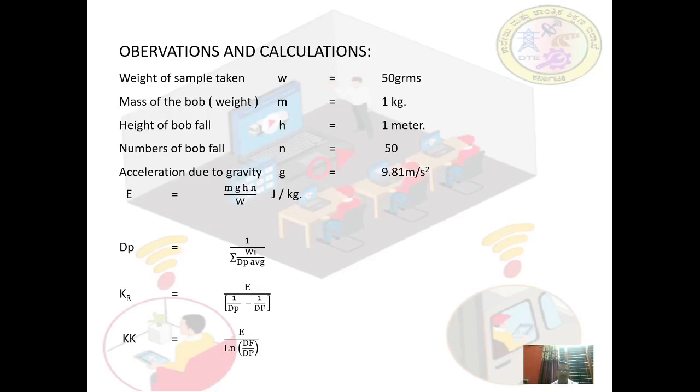Acceleration due to gravity is 9.81 meter per second square. And we can calculate the energy of crushing, E is equal to m g H N divided by W, right? dp average we can calculate as 1 by sigma Wi by dp.